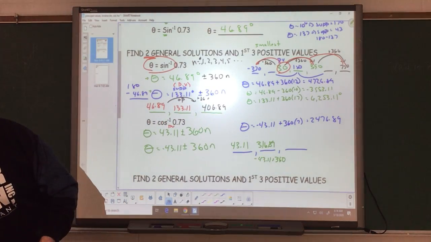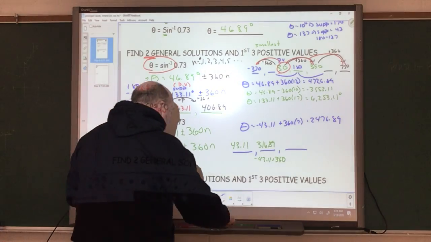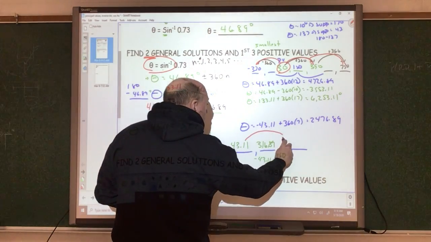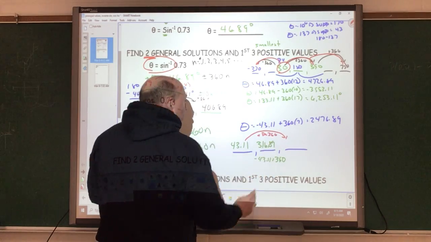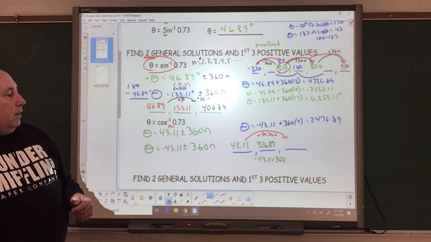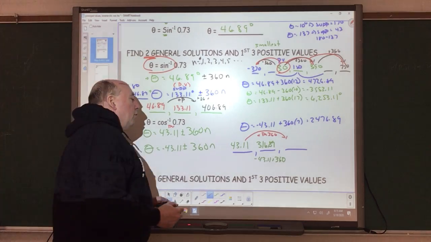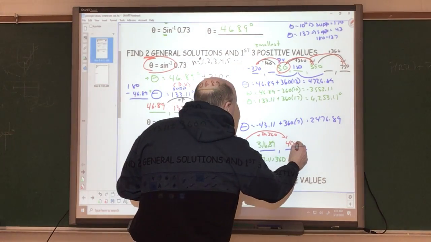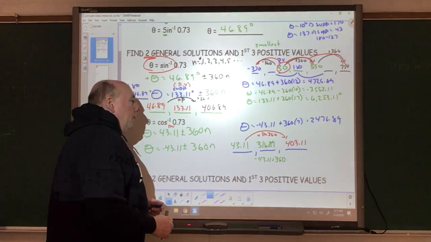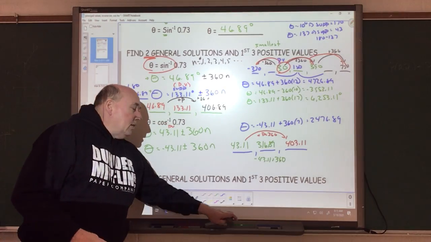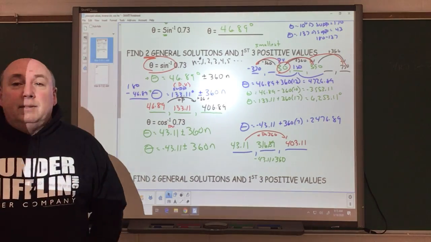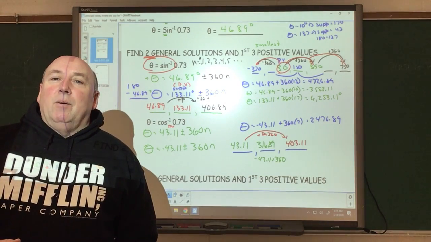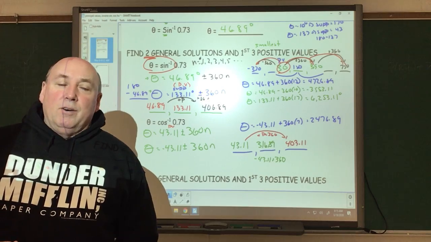And once again, to go from 1 to 3, we add the period, which is 360 degrees. So we get 403.11. And if you want to check that, take the cosine of 403.11. And magically, it will be the 0.7300 whatever.